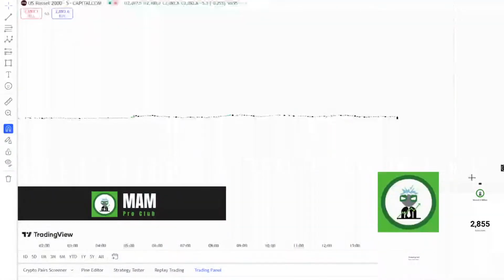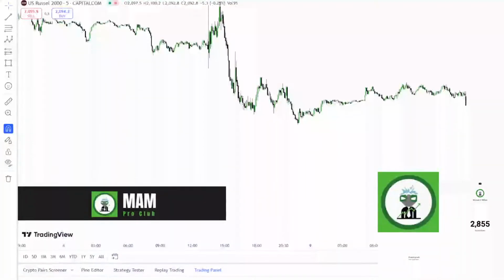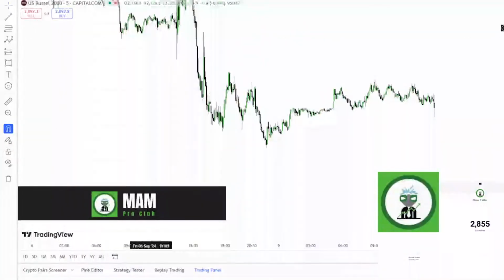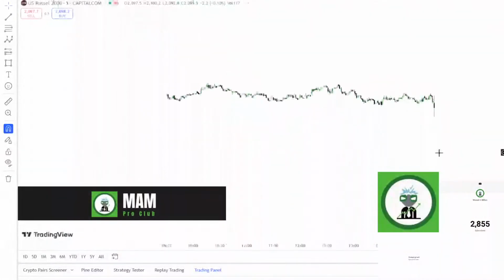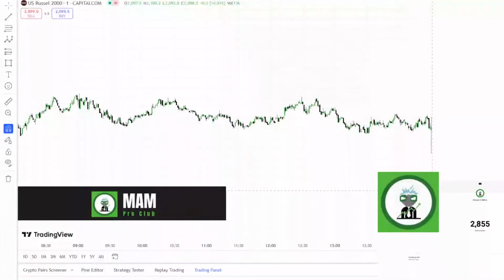What we'll do is see what the first reaction is on the 5 minute open. Okay, so first reaction is down, and 1 minute. Okay, that's good. We're going green. So the first move down was bought up. This is looking good. Let's see if we can close a candle like that.